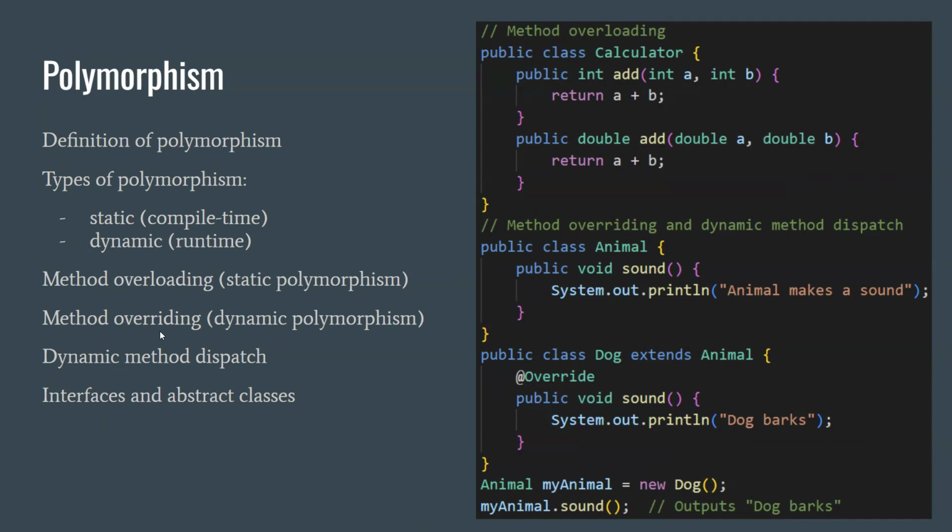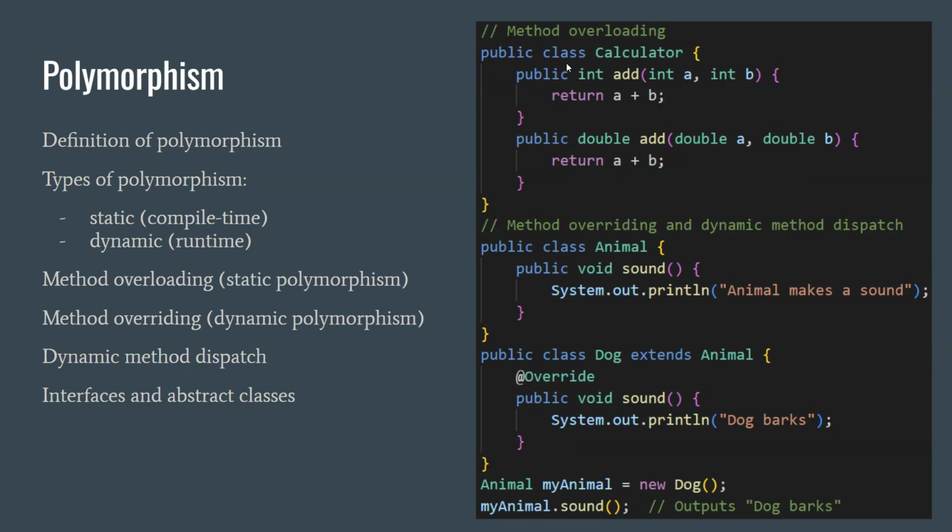It's a very powerful concept that lets users interact with objects. What I mean by users is developers interacting with objects without knowing their exact types, simplifying code and enhancing flexibility. So here is an example.